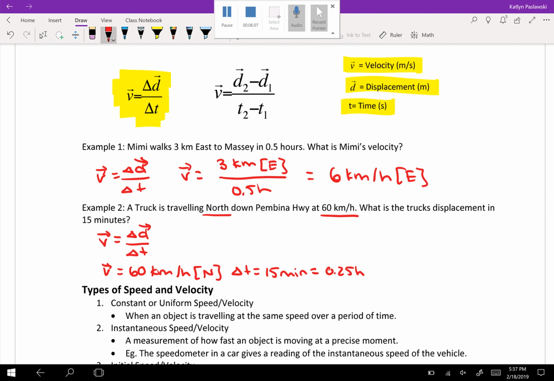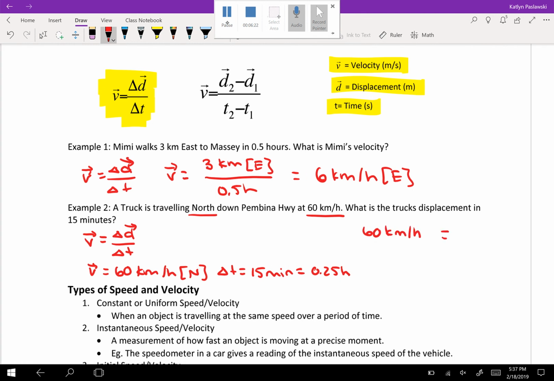So we are trying to solve for displacement. I'm going to substitute my value of velocity and the value of time into the formula. So I have 60 kilometers per hour is equal to the change in displacement, what I'm going to solve for, divided by the change in time, which is, I'm going to use 0.25 of an hour.